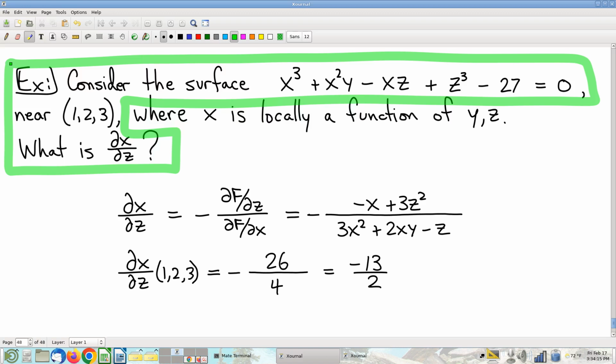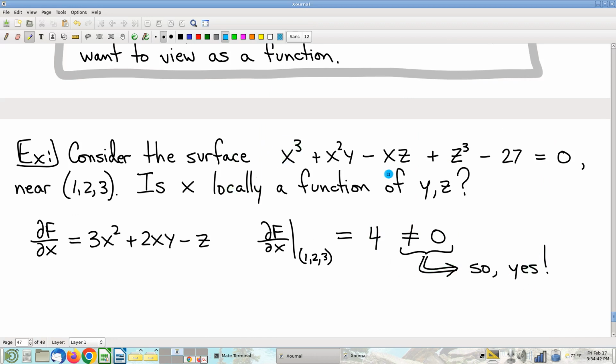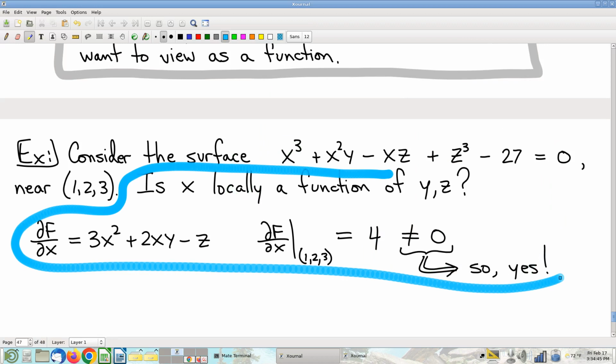Notice, in what is circled in green, there is no suggestion that x actually is a function, and that you can even talk about what these partials are. So when you see an exam question, homework question, what have you, such as what's in green, notice that you really do have to do two things. You have to first do what we did over here. You have to first establish that x actually is a function of y and z.